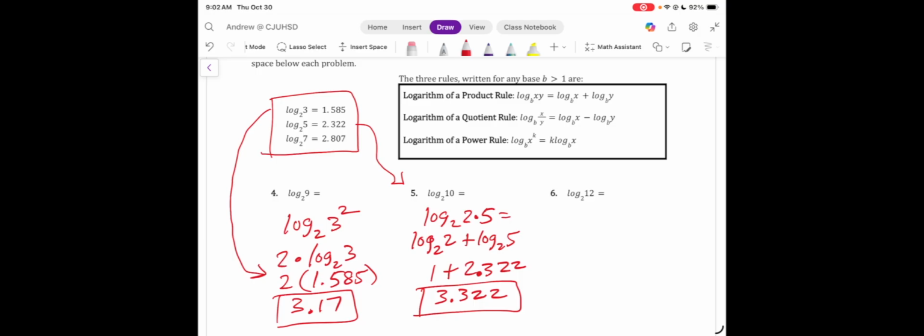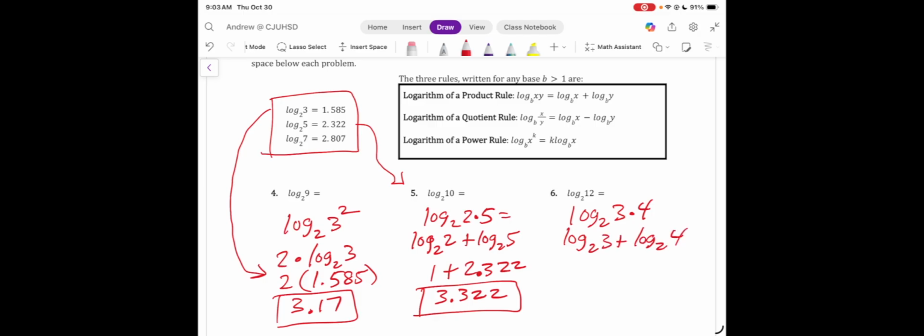And finally, 12. On problem number 6, log base 2 of 12. That could be 6 times 2. But how about we do 3 times 4, and then we can figure out log base 2 of 4. So log base 2 of 3 times 4 is log base 2 of 3 plus log base 2 of 4.